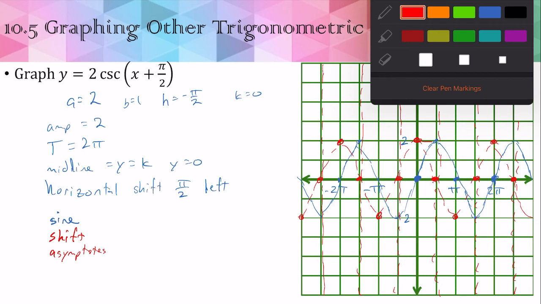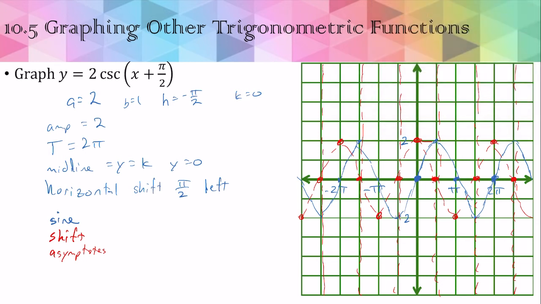And then we're going to draw cosecant. So how cosecant works is it starts near the asymptote, goes down, hits the maximum or minimum of the sine function, and then goes back.